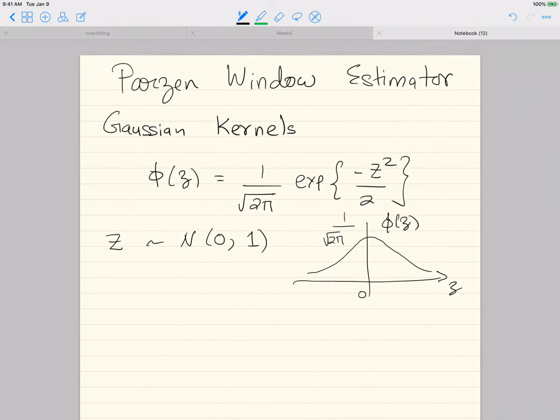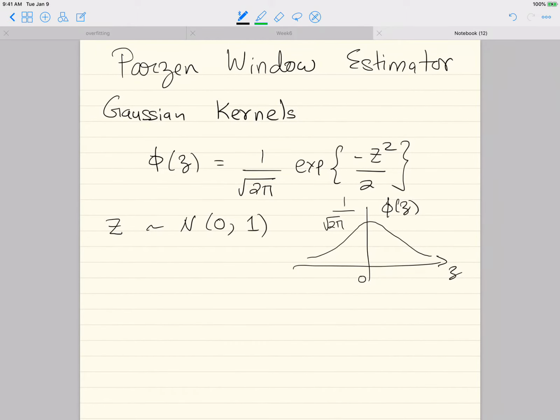So the idea in this particular density estimation technique is to fit a standard Gaussian around each data point and sum things up. So if you are given a data set that looks like this, imagine you are in one dimension and you have 3 points that look like this on the x-axis.